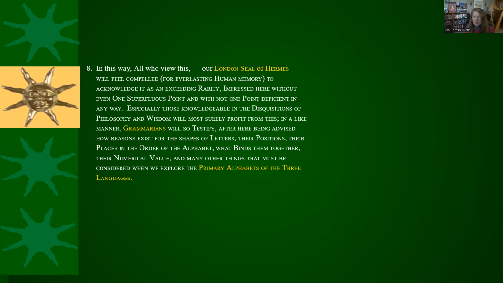Another reason, by the way, why I say this is a Hermetic word. All who view our London seal of Hermes will feel compelled, for everlasting human memory, to acknowledge it as an exceeding rarity, impressed here without even one superfluous point and with not one point deficient in any way. Especially those knowledgeable in the disquisitions of philosophy and wisdom will most surely profit from this.